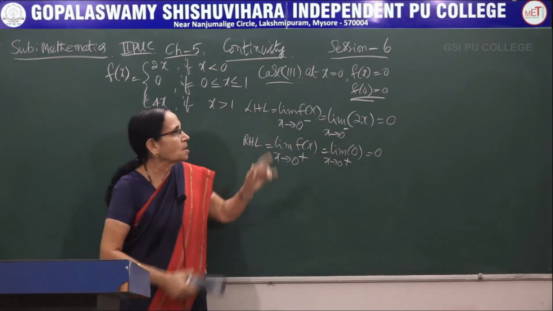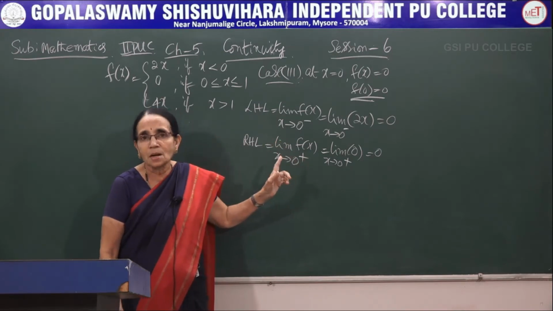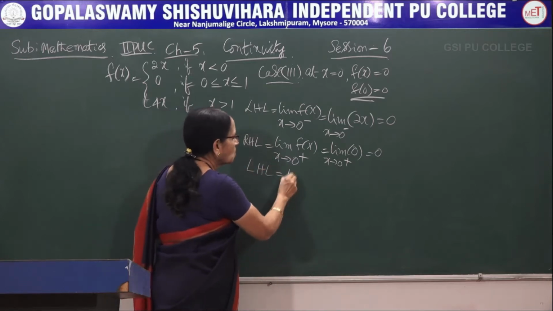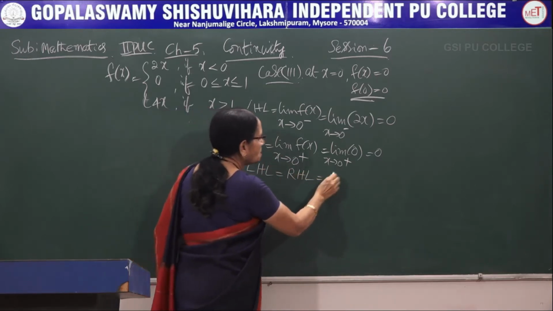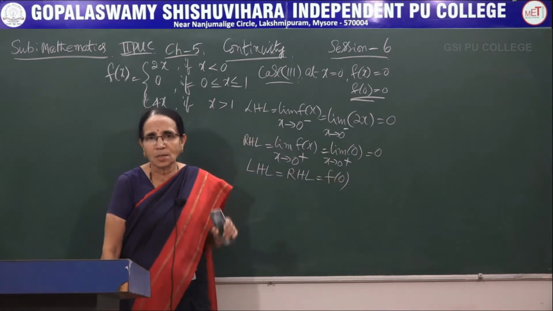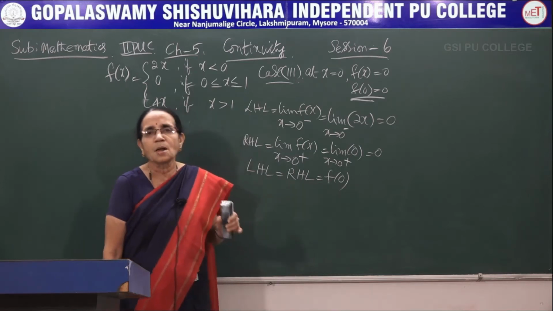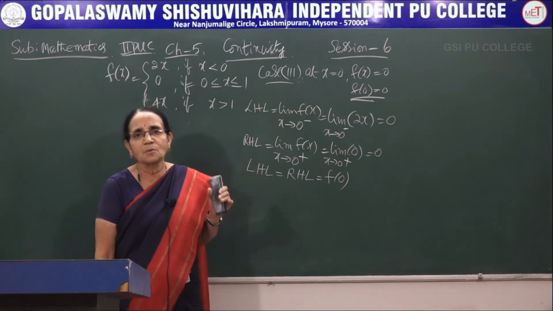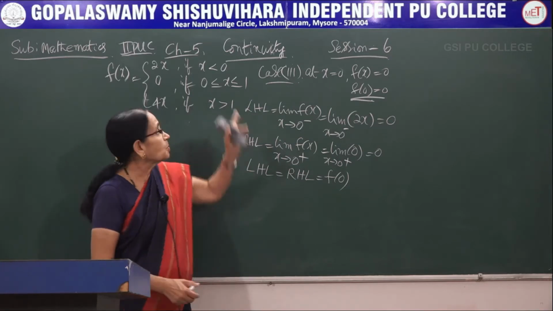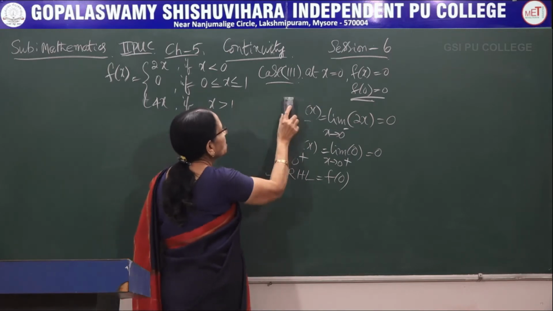What do you observe here? The value of the function is 0. The left hand limit is 0. The right hand limit is also 0. That is LHL equal to RHL, that is equal to f of 0. Since all of them are equal to one another, that is the limit is 0 and the value is also 0, we can come to the conclusion that the function is continuous at x is equal to 0. So before 0, after 1 and at x equal to 0, the function is continuous.